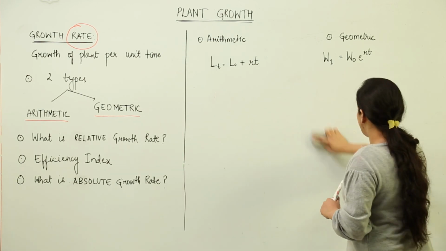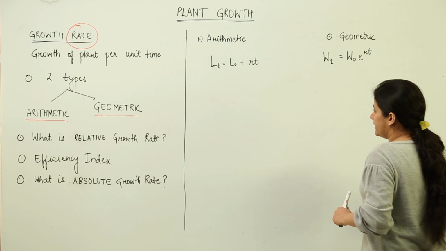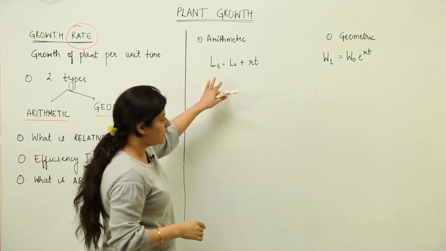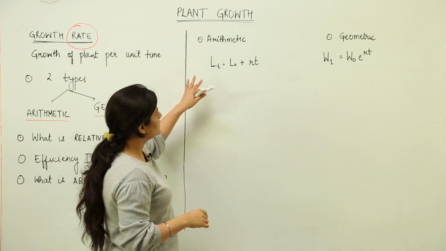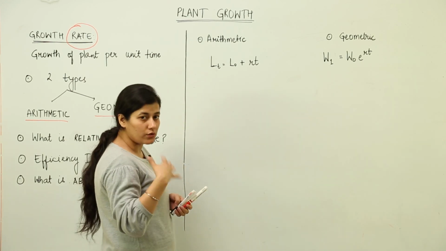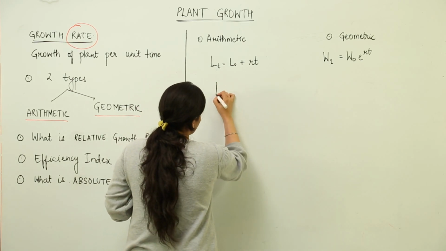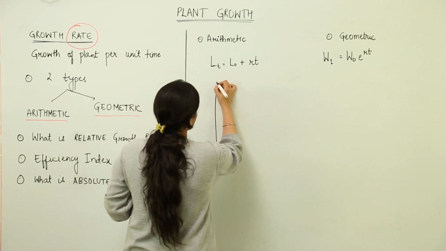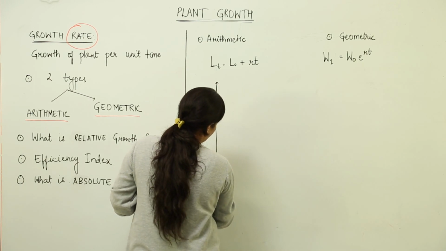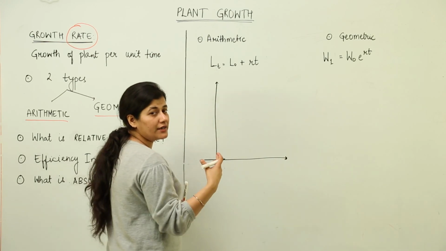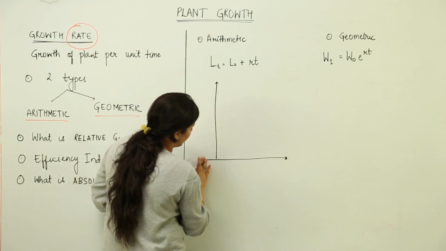So for understanding the graphical presentation, there is an equation. If we plot this arithmetic growth according to time, supposedly the growth is measured in terms of the length of a plant. I am taking the case of length over here. We are measuring the length of a stem of a plant in a given time frame.